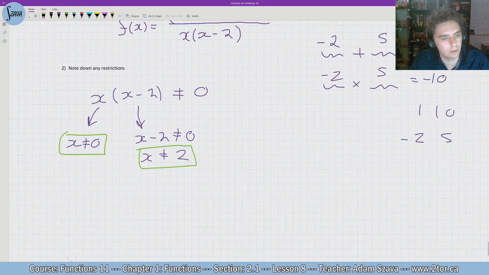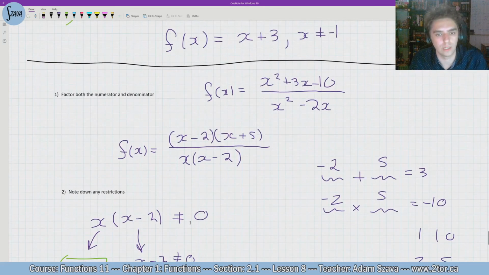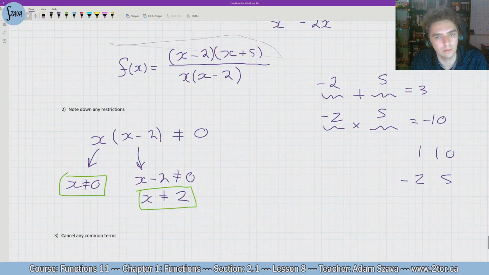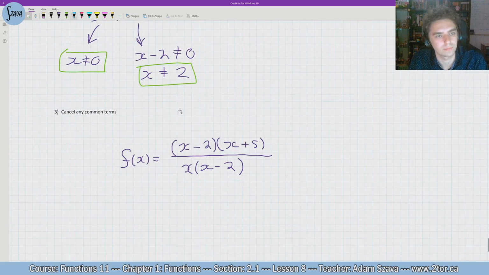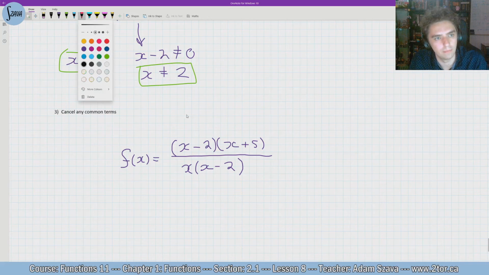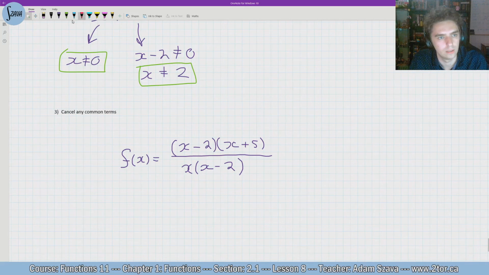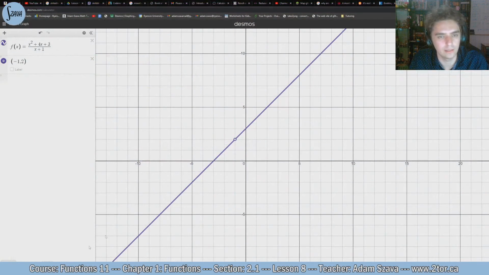Okay, and then step number 3 is going to be cancel any common terms, right? We can do that here if I just copy the function over. Cancel any common terms. OneNote's being weird, as always.